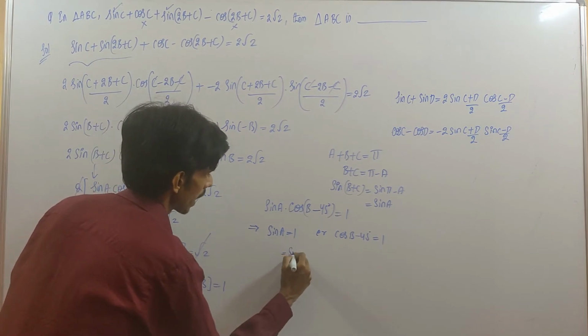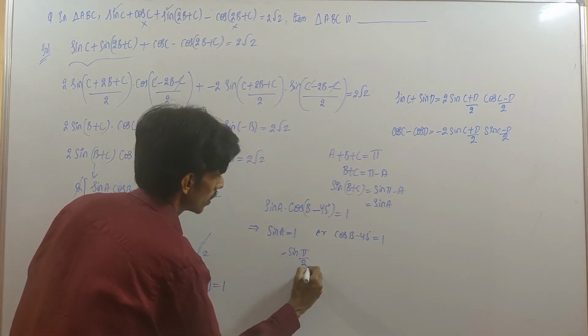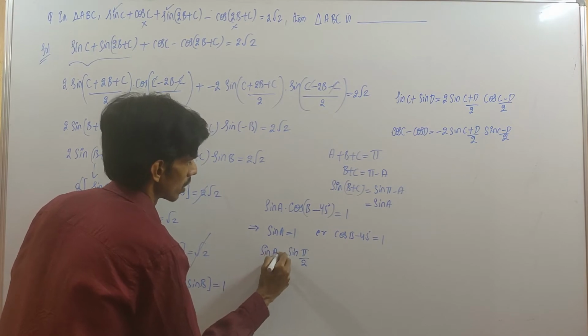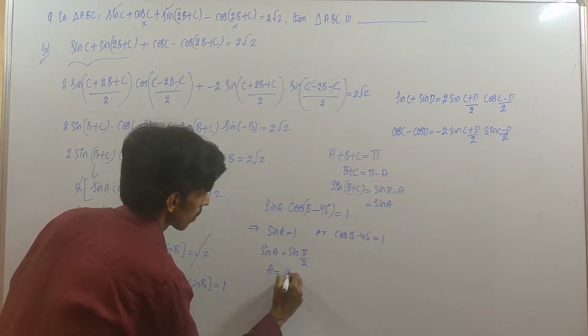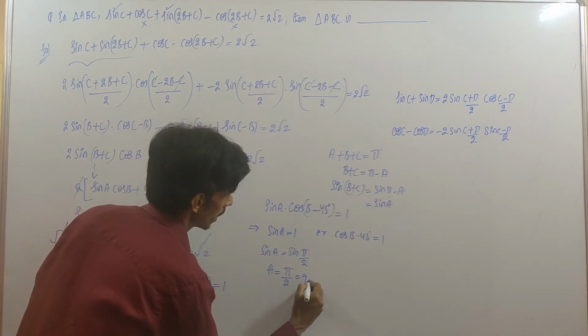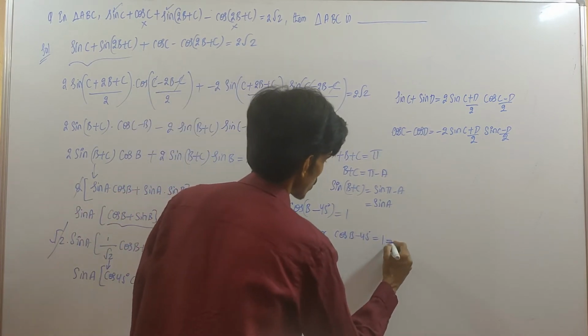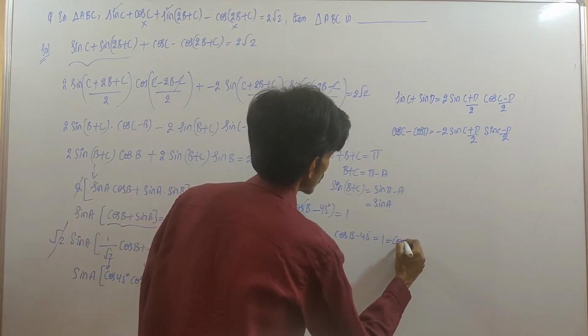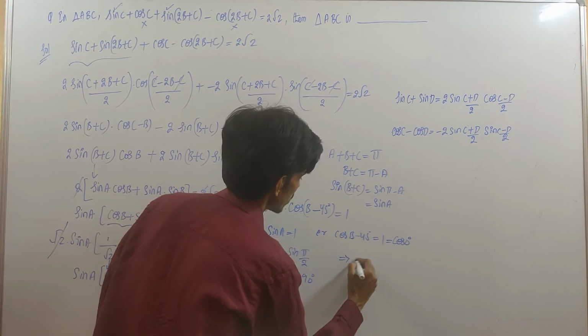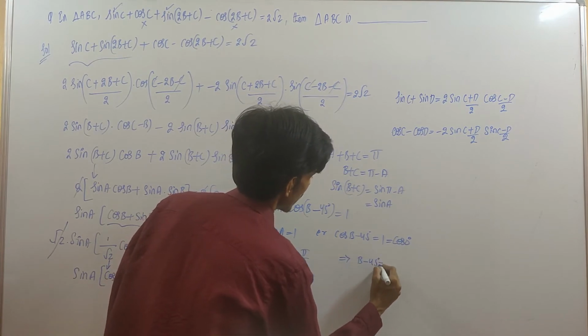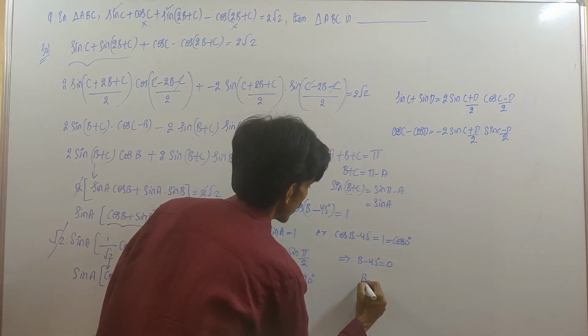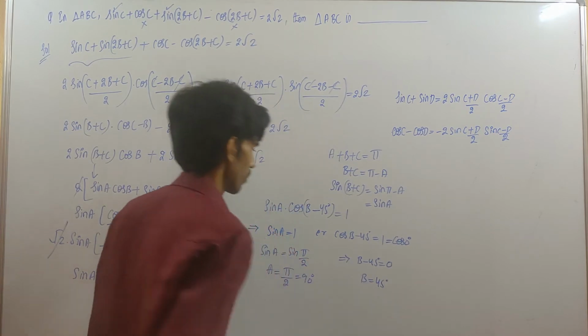So sine 90, sine pi by 2 value is 1. So that implies A value is pi by 2, that is 90 degree. Here cos 1 is cos 0, cos 0 value is 1. So that implies B minus 45 degree is 0. So B value is 45 degree.